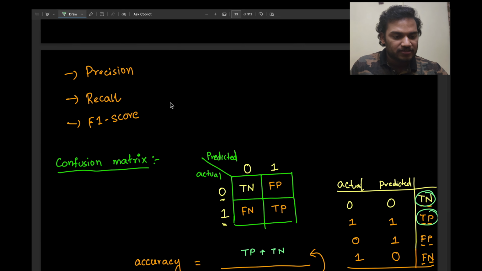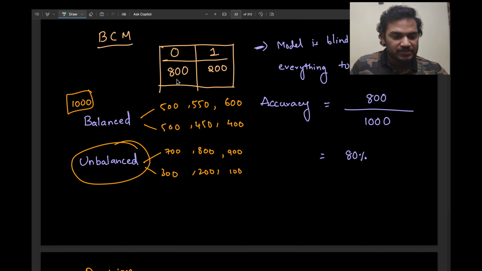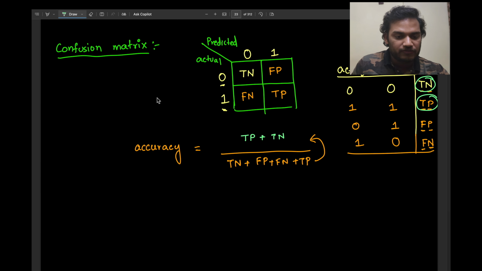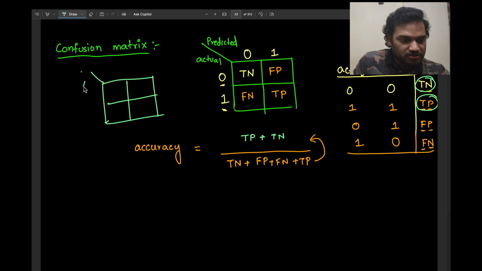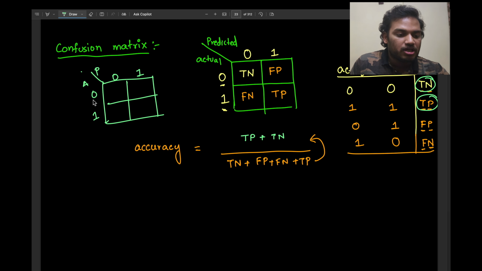So if you take this particular example, that is 800 class 0 points and 200 class 1 points, and the model is blindly predicting everything to be 0, how will my confusion matrix look? It will look something like this. Let's say this is actual and this is predicted, with 0 and 1 on each. For how many actual zeros is it predicting 0?